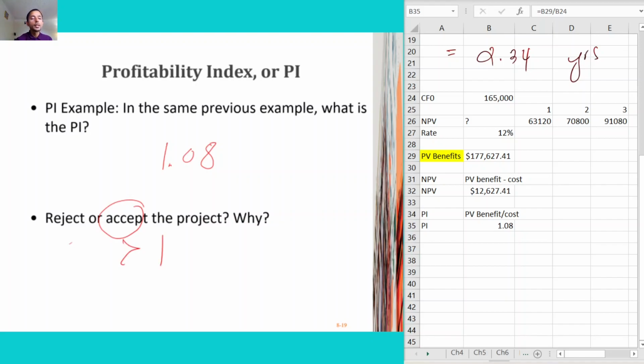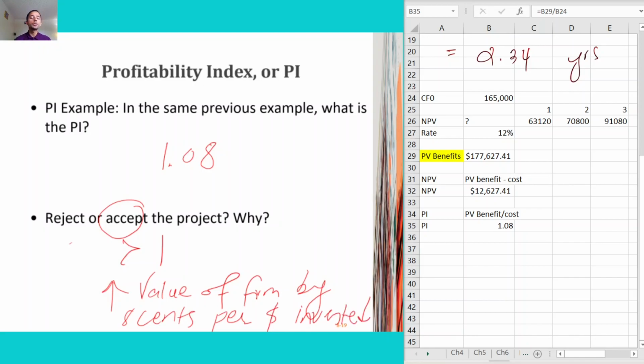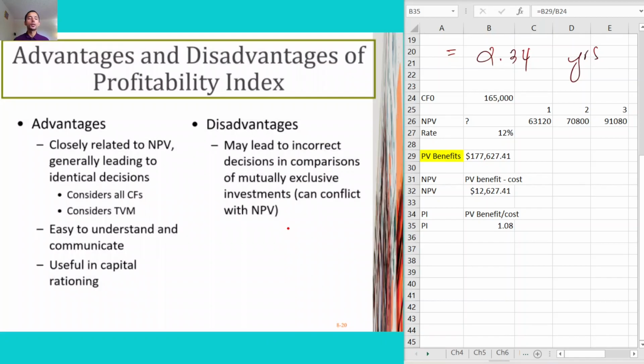Another way of saying that is this increases the value of the firm by 8 cents per dollar invested. For every dollar invested, the value of the firm goes up by 8 cents, or 8%. I hope that makes sense. If it does not, you can always shoot me an email.